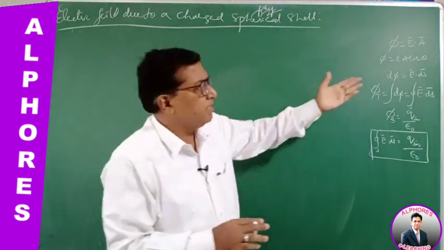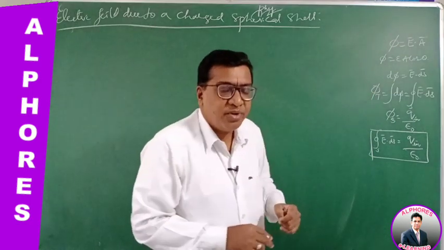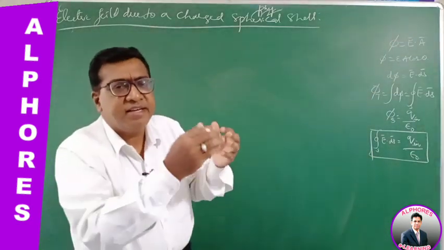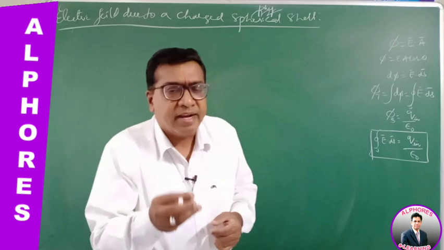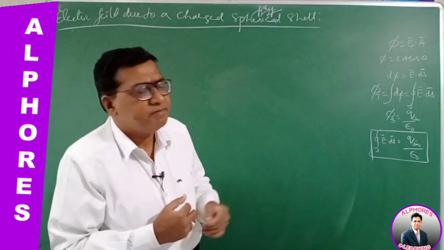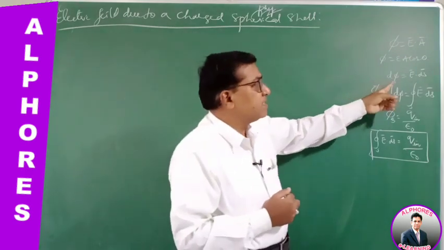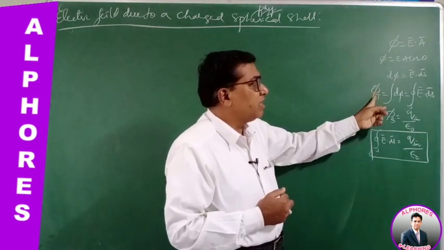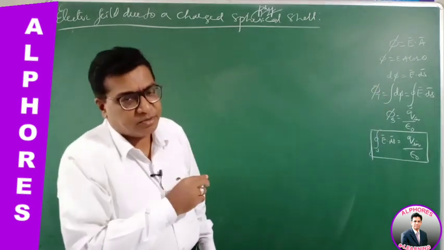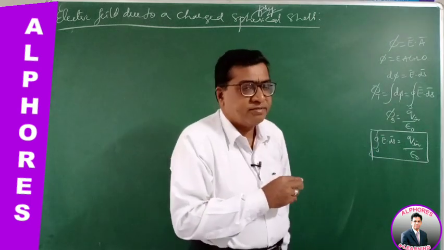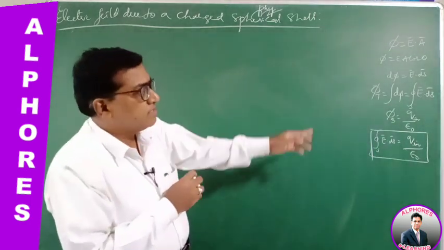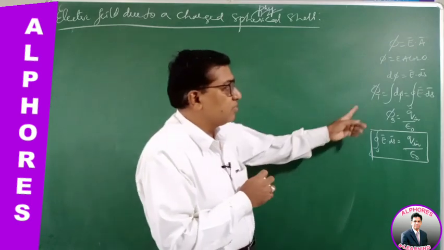But in a non-uniform electric field, where the field varies from point to point, consider a small area element, over which the small flux is E dot ds. Then the total flux is the surface integral of E dot ds.